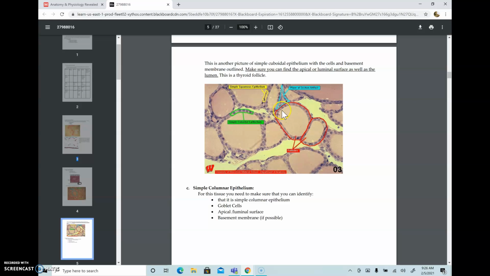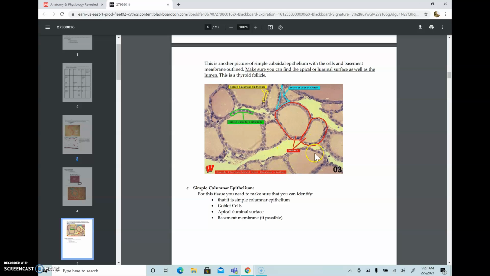So this surface on the inside becomes the luminal or apical surface. This region in red at the bottom of the cell becomes the basal surface. Okay, so the simple cuboidal epithelium are slightly thicker, so they're better at preventing abrasion of the underlying organ.